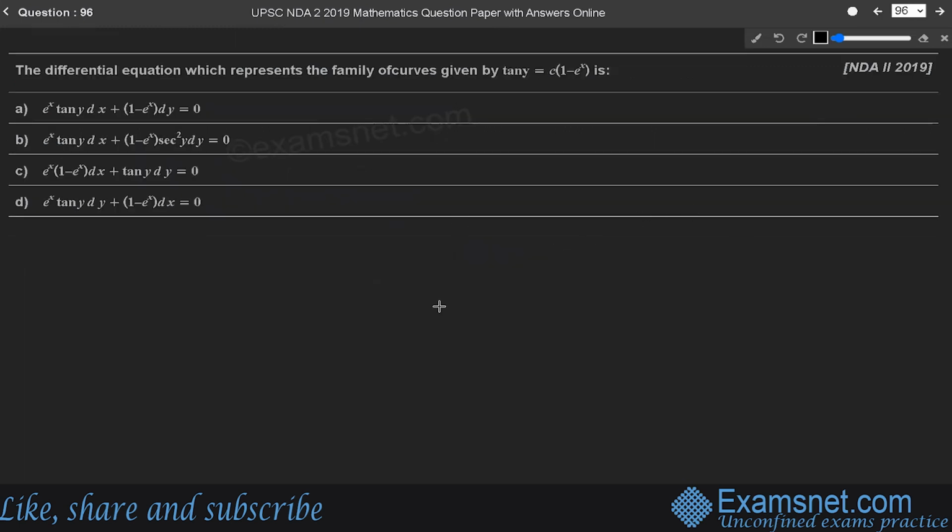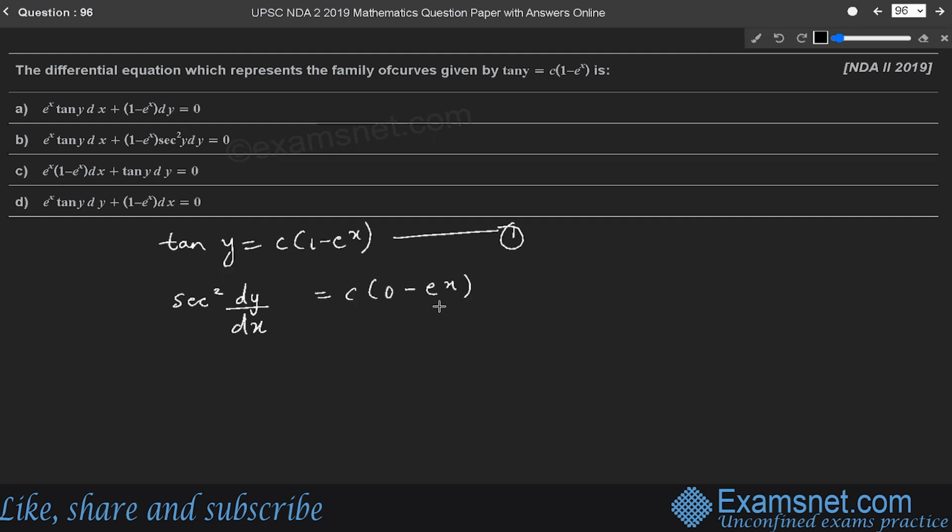Next question is, the differential equation which represents the family of curves given by tan y equals c into (1 minus e to the power x) is? So we have to find its value. Let this be equation number 1. Differentiating equation 1 with respect to x, we get sec square y dy by dx is equal to c into (0 minus e to the power x).